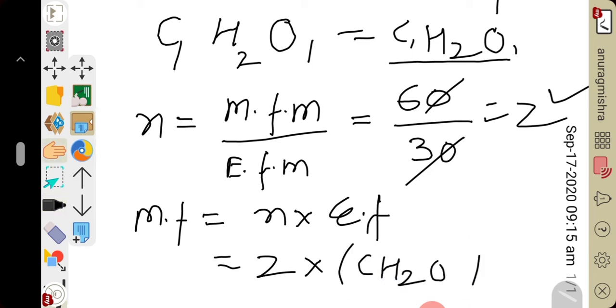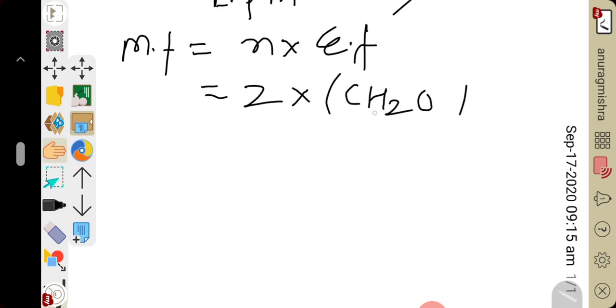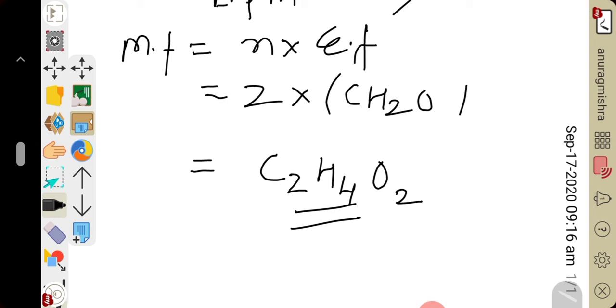Now multiply the subscripts with 2. You will get C2H4O2. C2H4O2 is the molecular formula of the compound. I hope you people understood how to calculate the molecular formula.